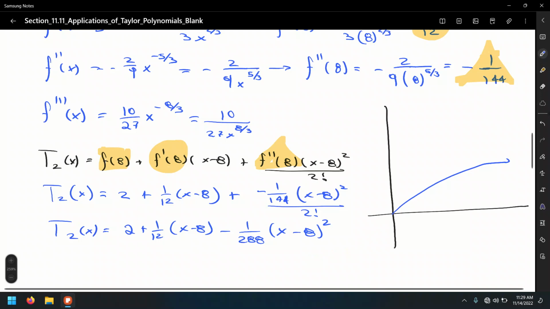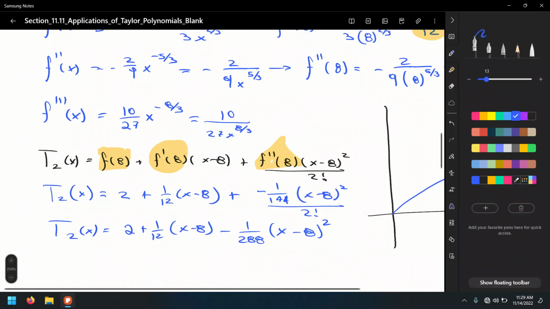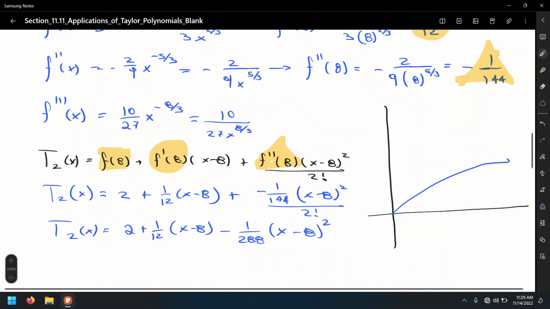So we just obtained an approximation centered at 8, and we want to know what's the maximum error of using this approximation in the interval 7 to 9. That is 1 unit away from the center on both sides.